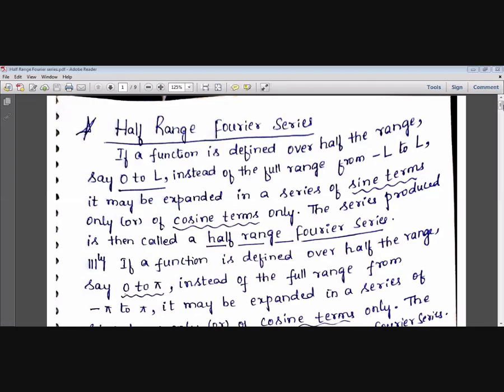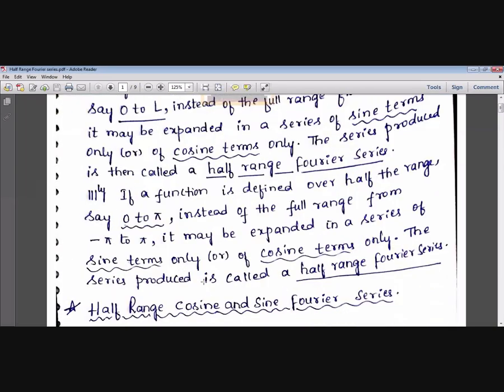To express the given function in terms of sine terms only or cosine terms only, we need to use the half range Fourier series. Use this mathematical definition.